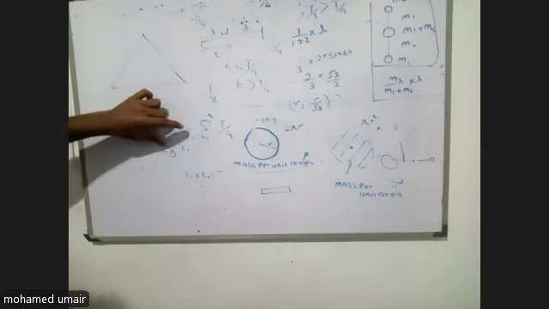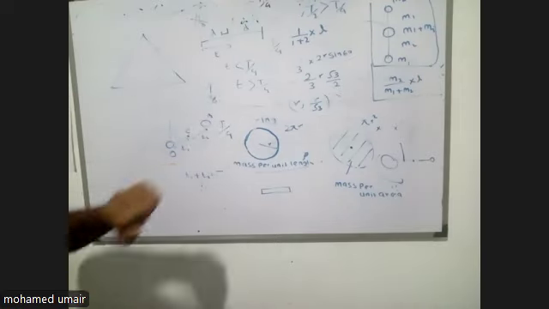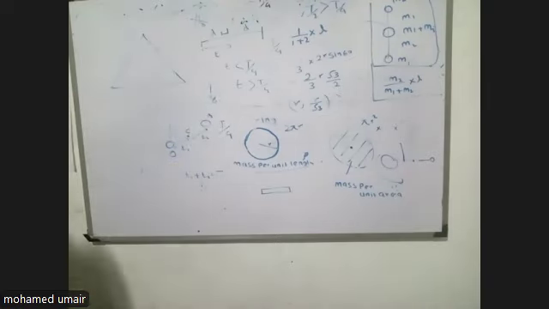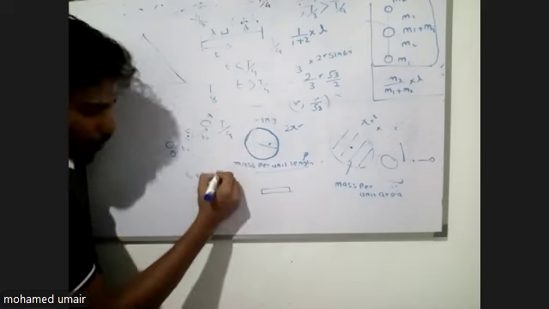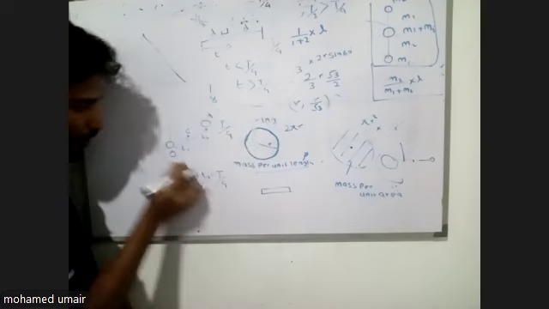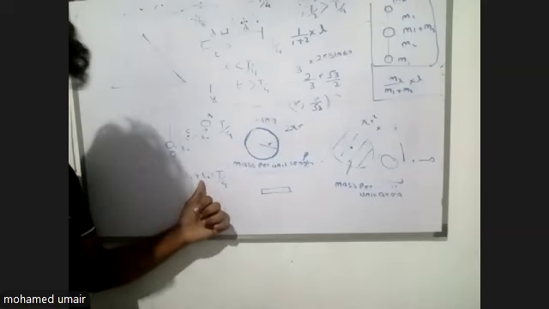If I add the time taken from O to C and C to A, what will be the total time? Anyways, I'll say the answer myself. The total time is T by 4, okay? I'm adding O to C, which is T1, and C to A, which is T2. Addition of them, you should get T by 4, okay?